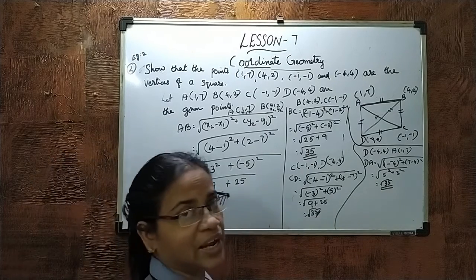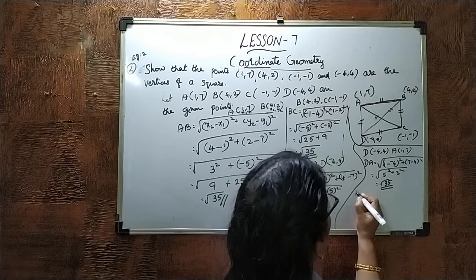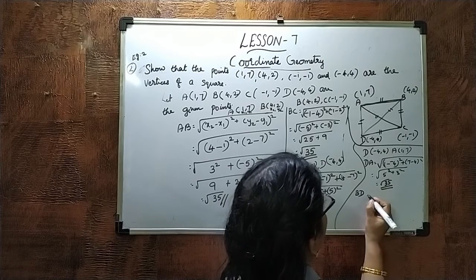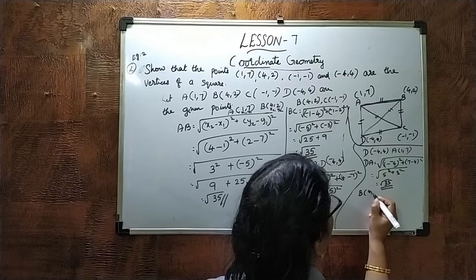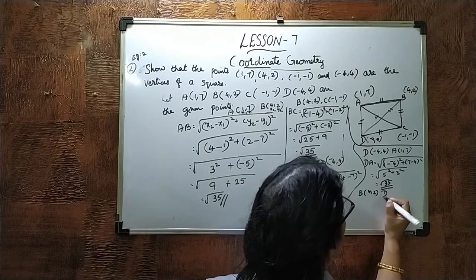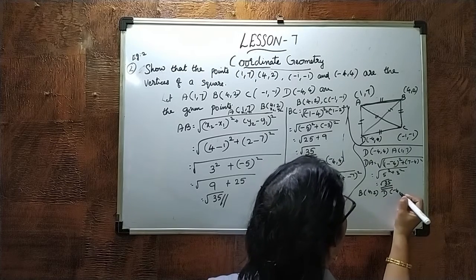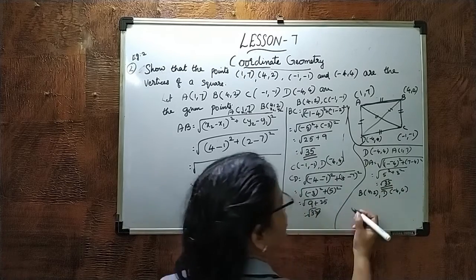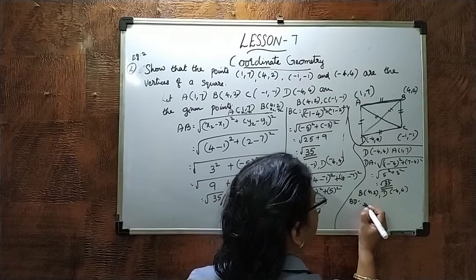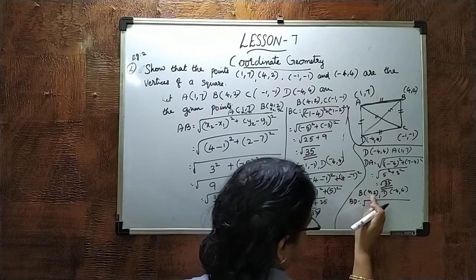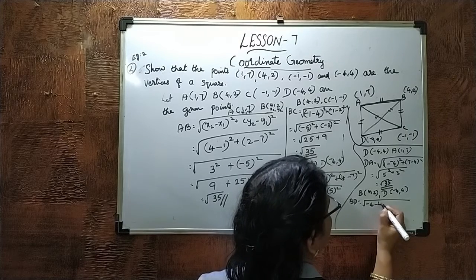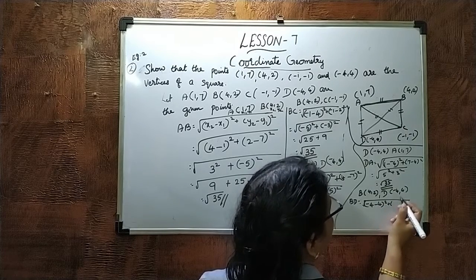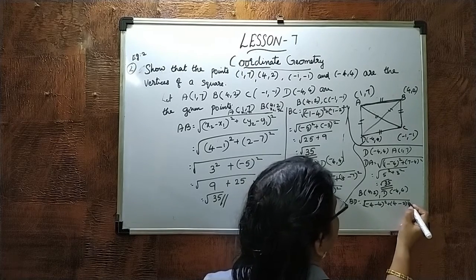What is the next one then? Diagonals you have to take. BD you have to find out. So BD equals, first you find out what is B. B is (4, 2) and D is (-4, 4). Right? So BD equals root of x2 minus x1 the whole square plus y2 minus y1 the whole square.